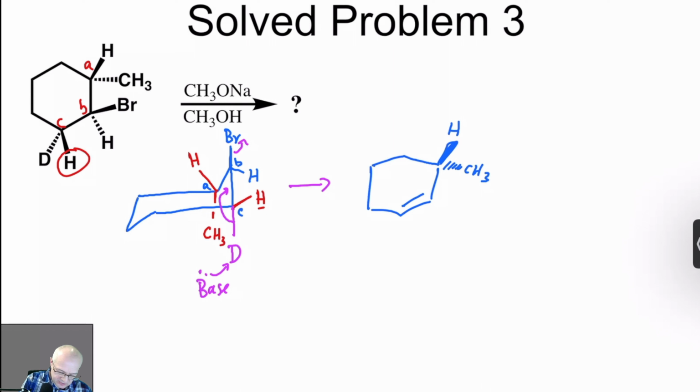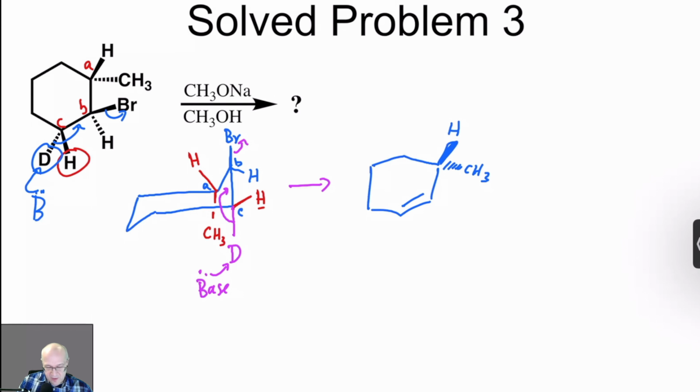Basically what happened was this, if you want to just draw the mechanism here, this deuterium did that. Now the only reason I know this works is because I did this. If you don't do this first, you have no possible way of knowing that this will work.